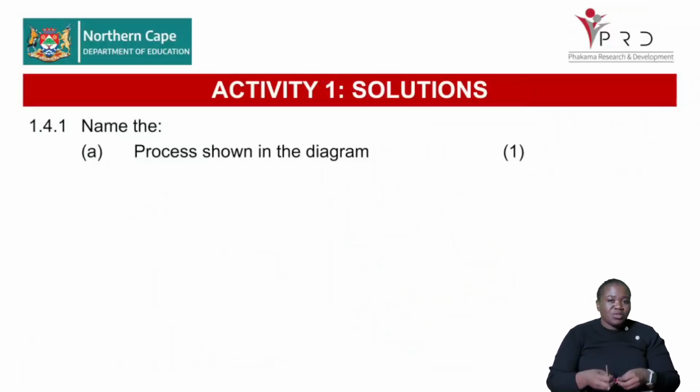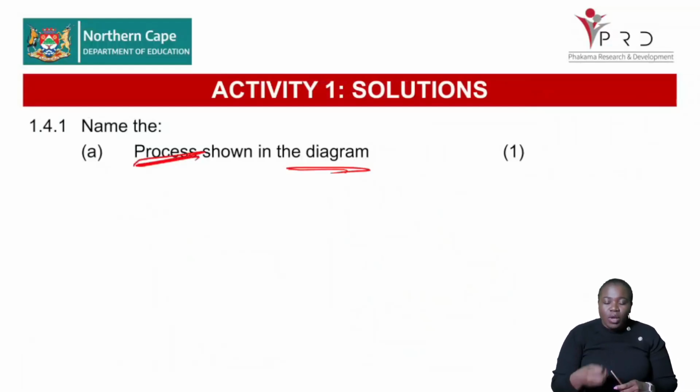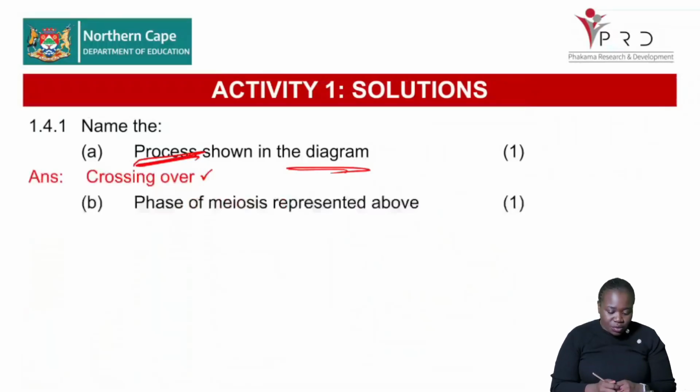This is crossing over, right? Whereas if they say name the phase, you can either say interphase, prophase, metaphase, anaphase, any of those phases. But when they talk about the diagram or the process, they are meaning you should name what process or what event is taking place there.